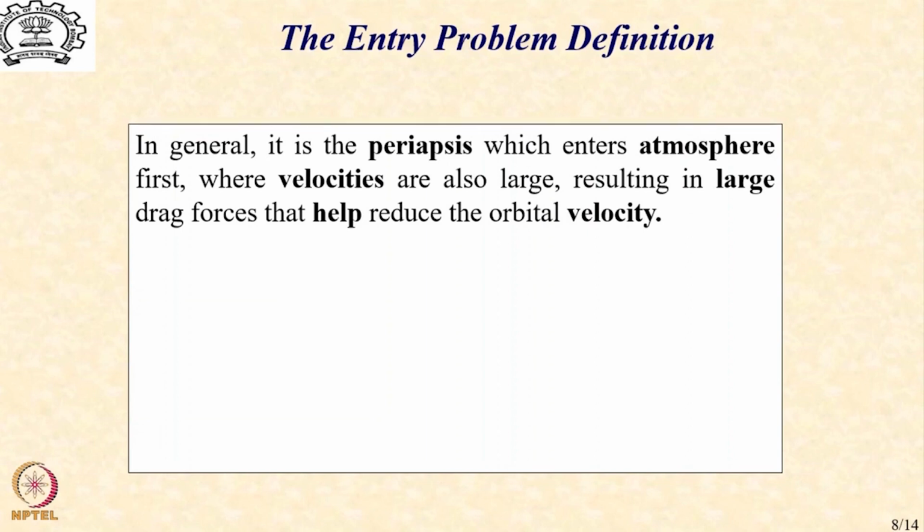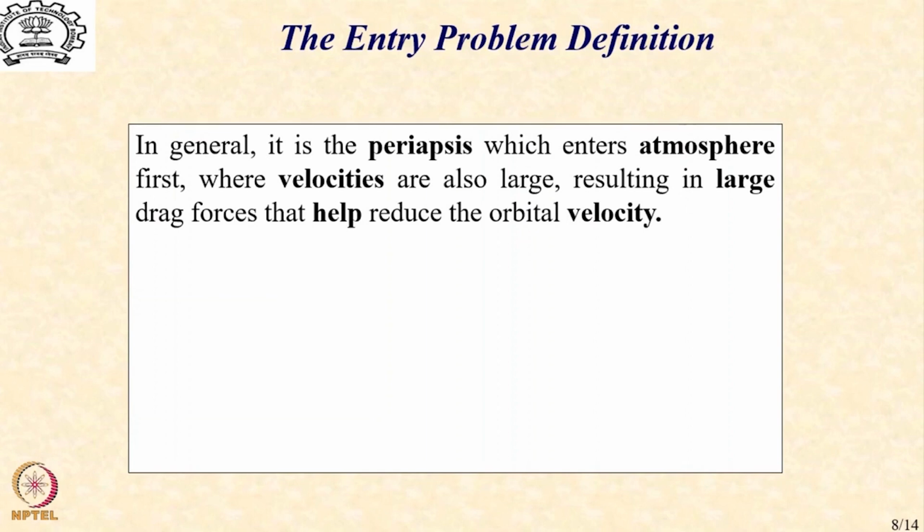In the context of Earth, a more common terminology of perigee is used, but if we are talking about this problem in the context of another planet, then the general name periapsis is used to define the point which is closest to the surface of that planet. So obviously that is the point which will enter the atmosphere first.